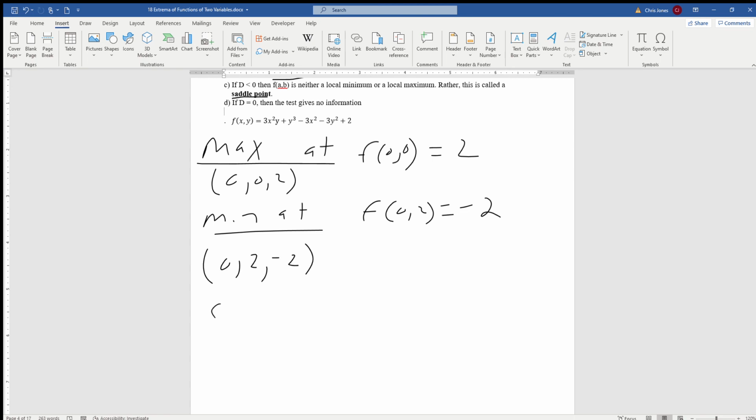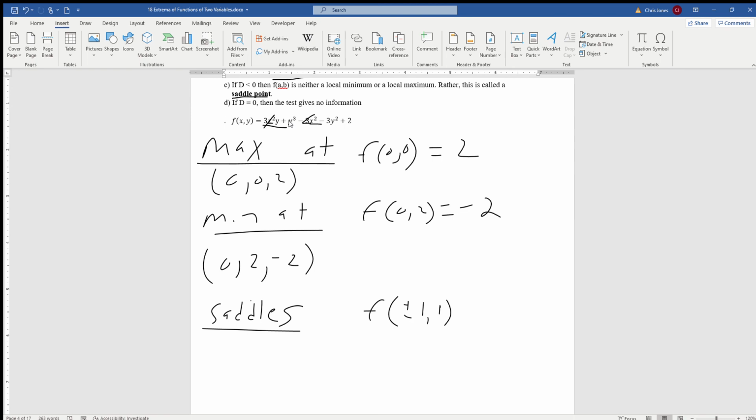And then the saddle, actually 2 saddles, f at plus or minus 1, 1. Fortunately, all the x's are squared, so we really only have to figure out one time. So let me just punch that in. This will be 3, this will be -3, so that cancels out.